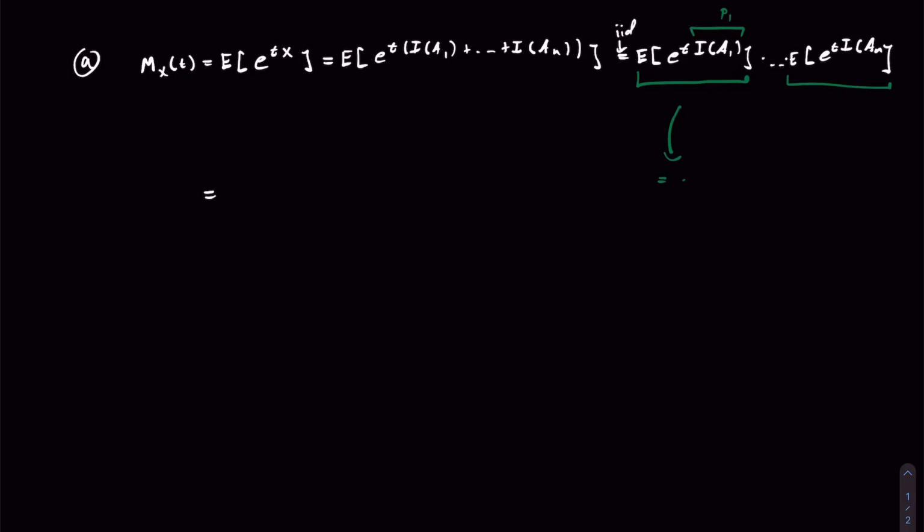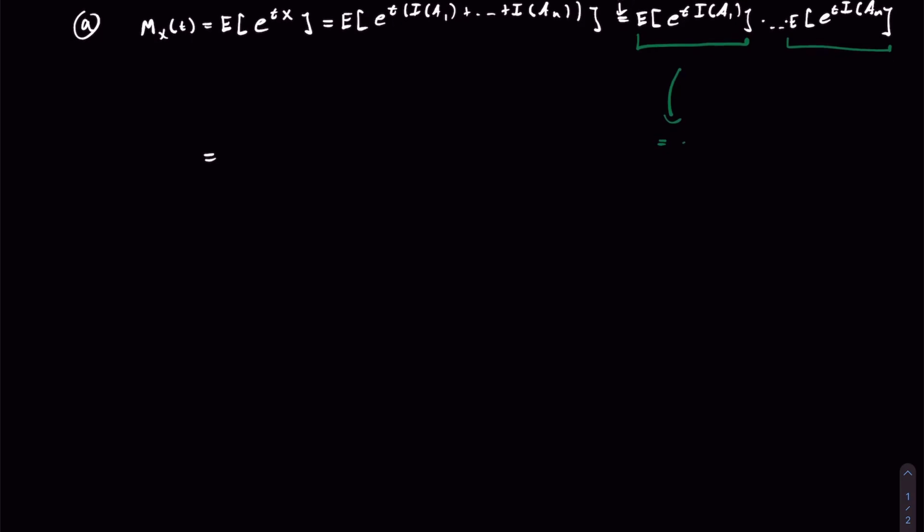When this event doesn't occur, the indicator is 0. So for the sake of clarity, let me write it out like the following. We have P1 e to the t times the indicator, when the indicator equals 0, and then we have the complement, 1 minus P1, e to the t times the indicator, but now when the indicator equals 1.